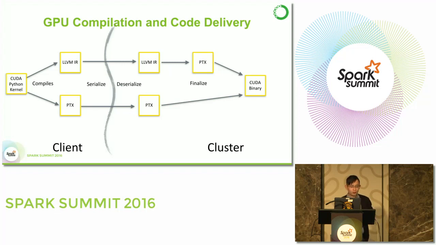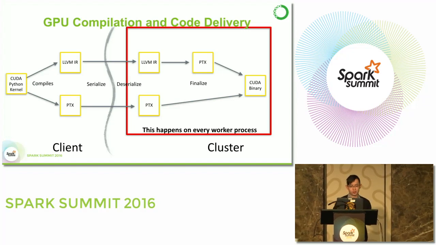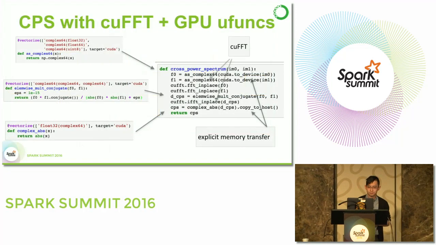Or the other possible path, if it may already generate PTX, and if the worker has the same version of PTX, then you can just use that and finalize the final binary. And all this finalization would happen on every worker process. And if your computation is not intensive enough, this may mean there's too much overhead. So it's something to be careful about.